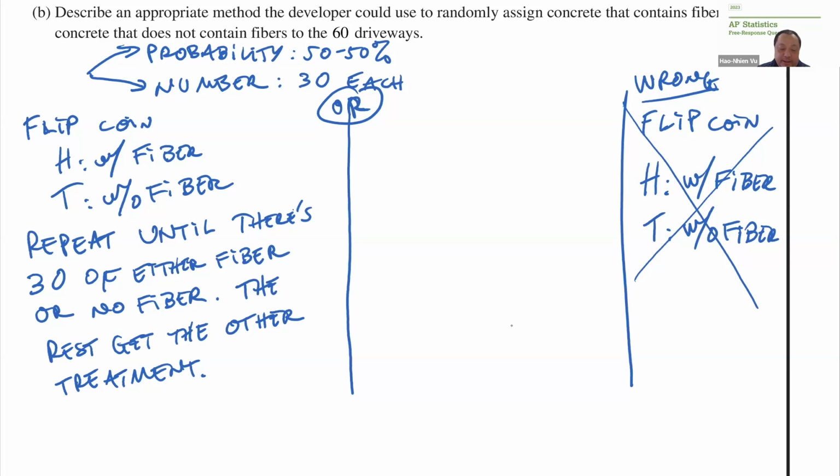Another way of doing it is to randomize the entire list, for example, by putting them in a hat, shaking well, and blindly pulling them out in order.